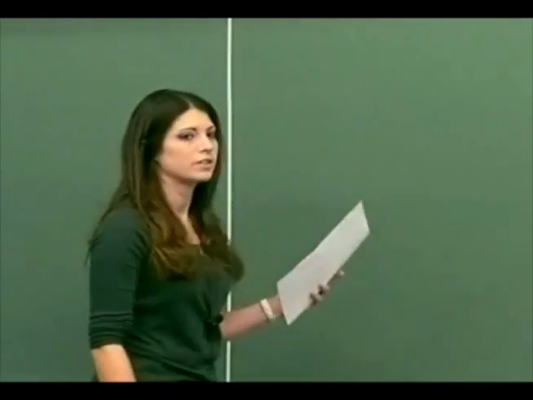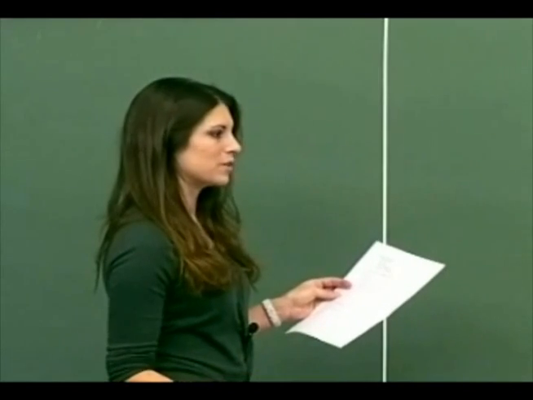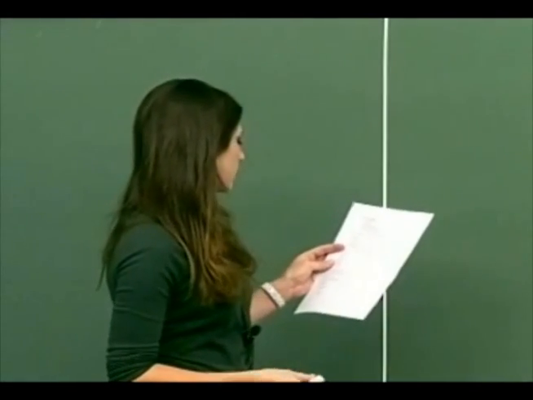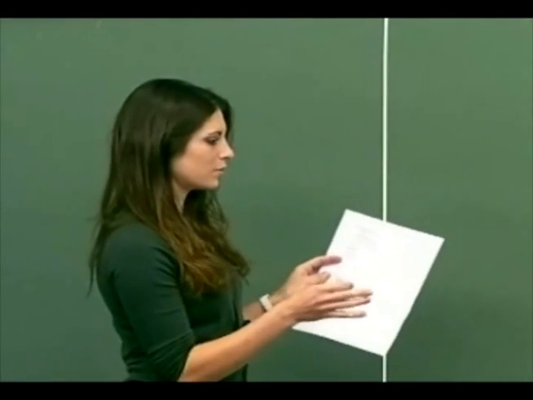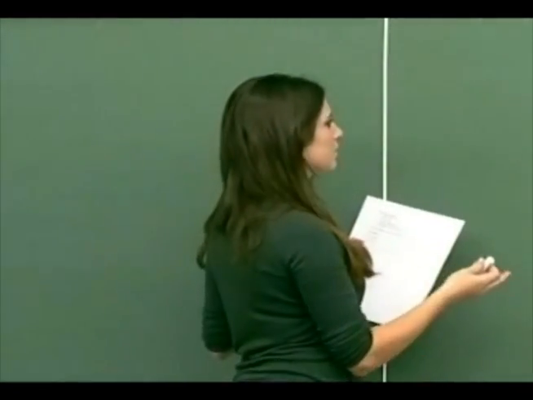So for the entry length, to ensure that that's not affecting the development of your flow, you need to make sure that the length before it gets to the point you're measuring is greater than certain values.